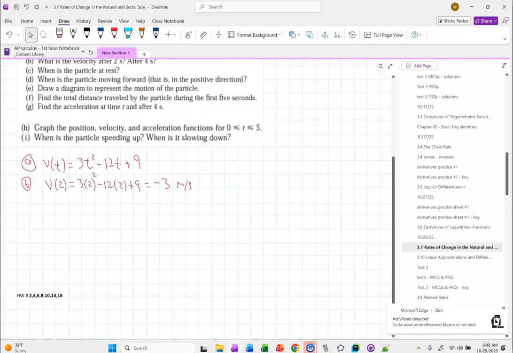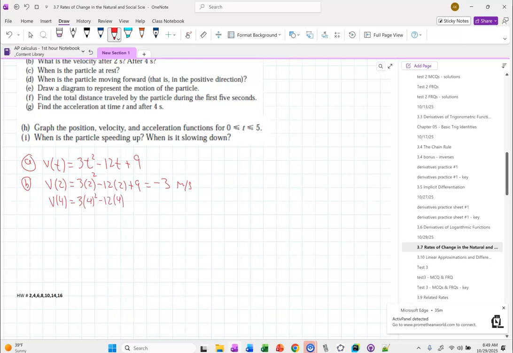And then after 4 seconds, 16 times 3 is 48, minus 48... is 6, plus 9 I think is 15. Everybody okay with what I did?